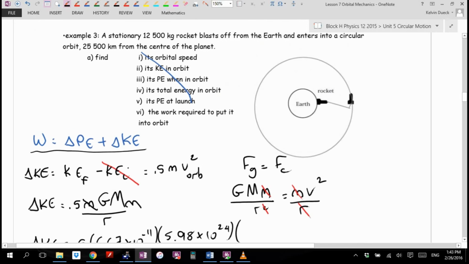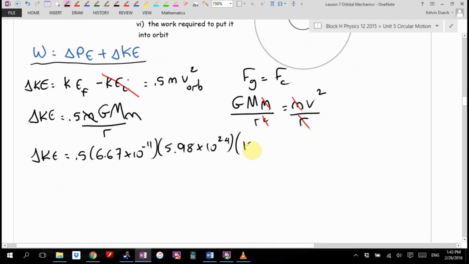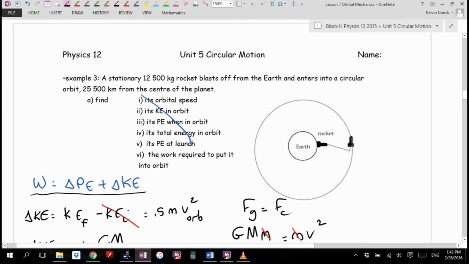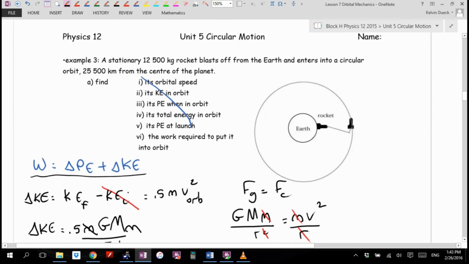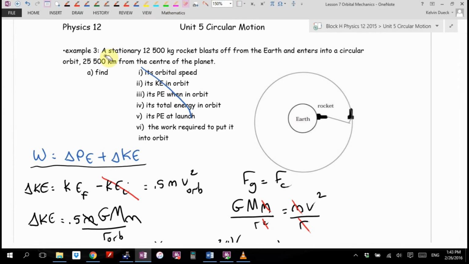What did the satellite weigh? 12,500 kilograms, a rocket. This R is R orb, right? It's the final. This number here, is it an altitude or is it a radius?